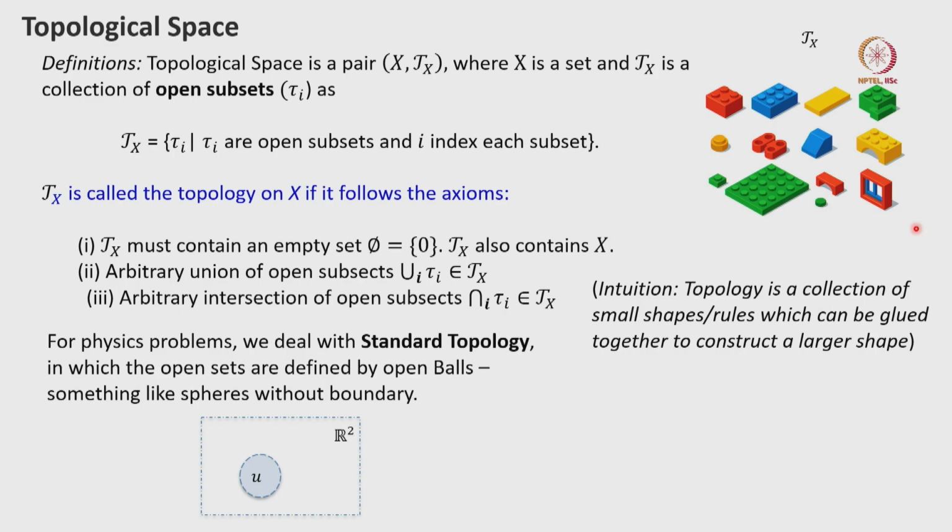So, topology is, roughly speaking, giving you the small Lego pieces to construct bigger shapes. Okay. So, the set is all those microplastics, and the topology is these small shapes which you can now put together to build the bigger, entire set.